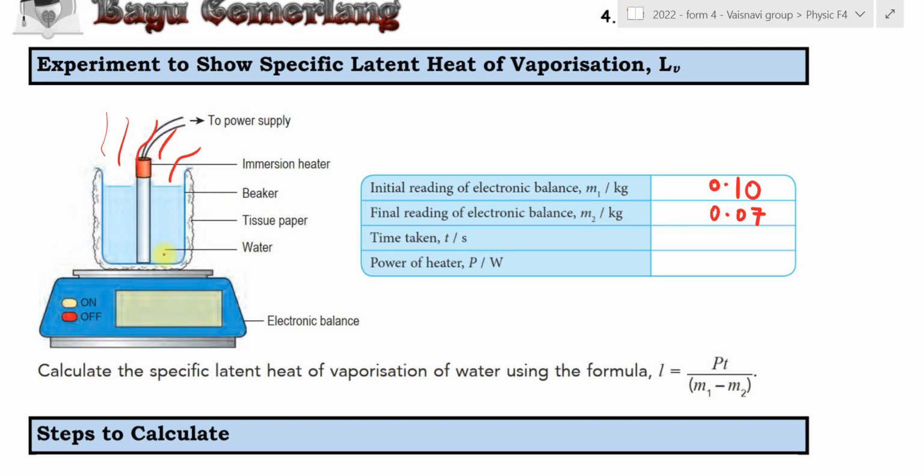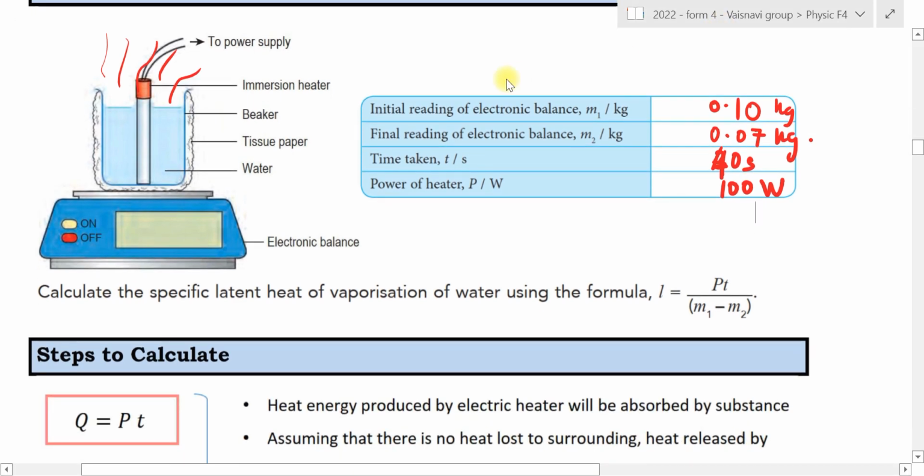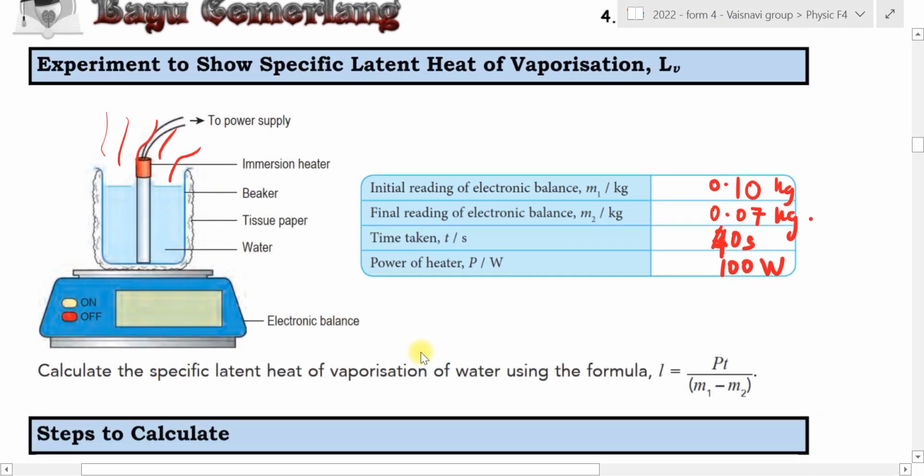This one 0.10, let's say lah kg. Time taken, let's say 40 second. And power of the heater is 100 watt. Okay, calculate the specific latent heat of vaporization.